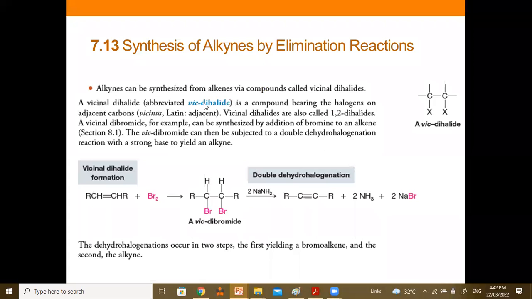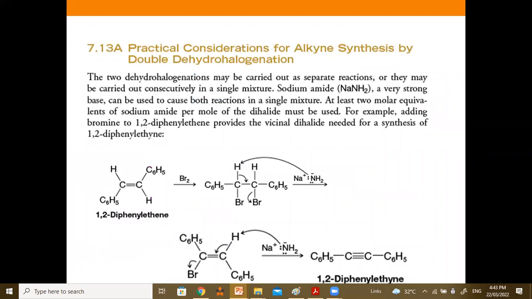The halogens in group 7, for example chlorine, bromine, iodine, if they are situated vicinal to each other, we call this a vicinal dihalide, and in the presence of a base, this kind of reaction will proceed via elimination to produce our alkynes here, but we basically need 2 moles of base to proceed with the reaction. Okay, so we will see in the next step the mechanism of that.